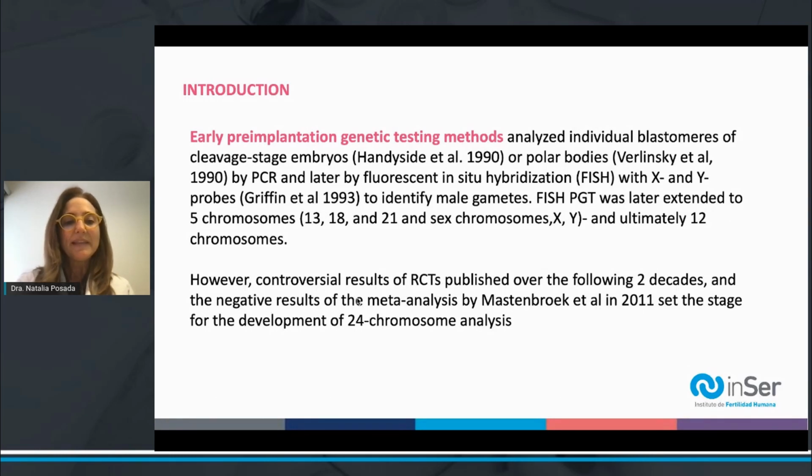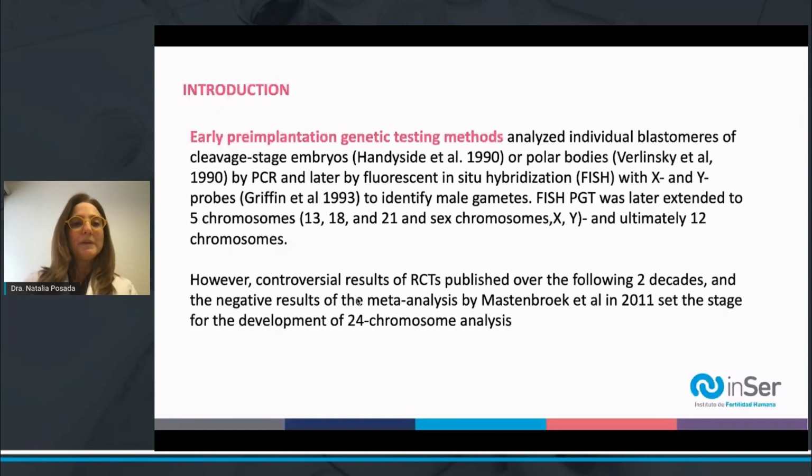However, the results of RCTs published in the following 2 decades were very controversial. And finally, the results of the meta-analysis by Mastenbroek and colleagues published in 2011, which showed that this kind of PGT done on 12 chromosomes had no benefit, regardless of the subgroup of patients analyzed, gave rise to the development of a 24 chromosome analysis in preimplantation embryos.